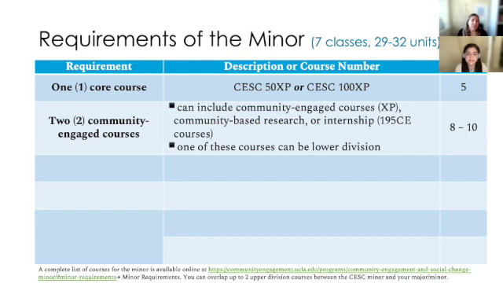So an example of this that I have seen often is some students will use CESC 100 XP for their core course, and then they'll use CESC 50 XP for one of their community engaged courses because it's lower division and it's an XP course. Now, the same could be applied the opposite. You could use 50 XP for your core course and 100 XP for one of your community engaged courses. So if you have more questions or want to see more options, I would definitely direct you to the minor sheet on our website.